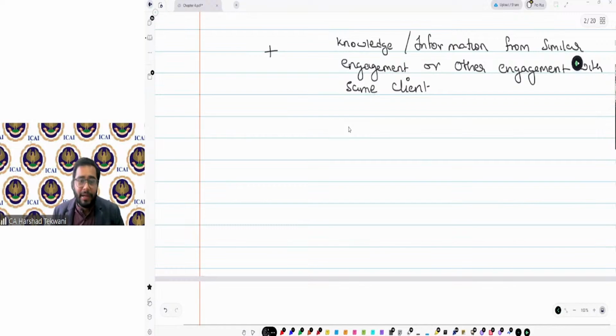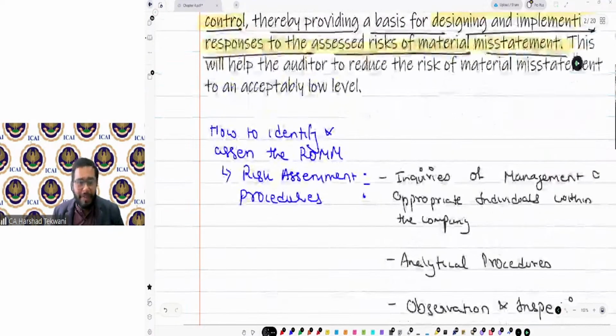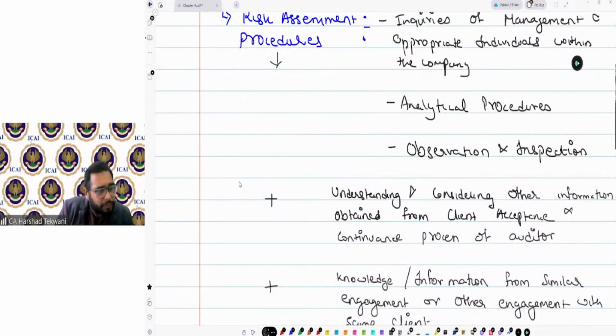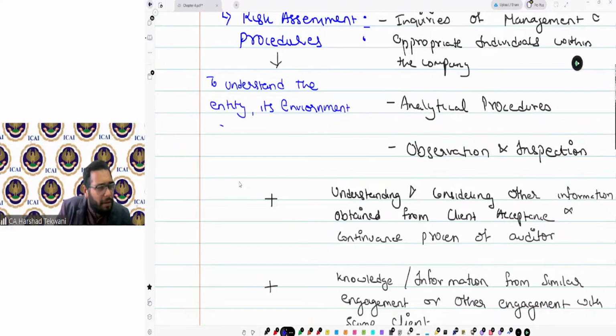Now, in risk assessment procedure, as I said, we will do inquiries and analytical procedures to understand the entity, its environment, and its internal controls.